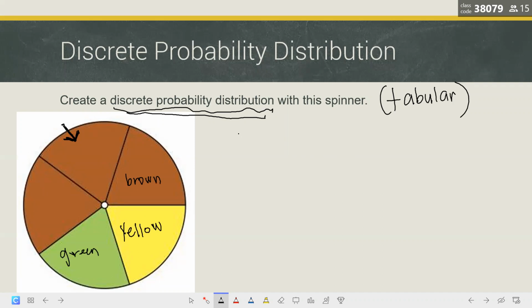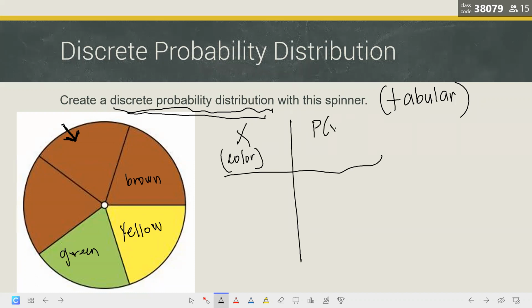So let the colors be the variable or the discrete random variable. So our X would be the color. And of course, our P of X is the probability. So, ano yung probability, class, na brown yung makuha natin?